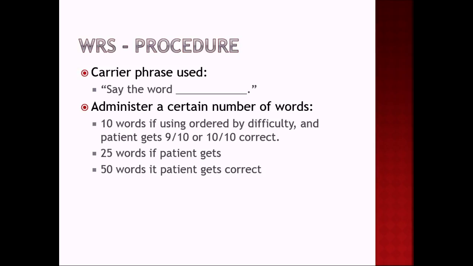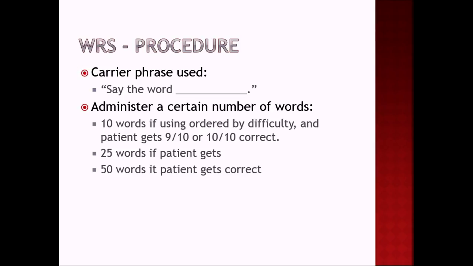With word recognition testing, there's typically a carrier phrase used. Say the word cat. You will say cat. Point to the cat. For SRT, there's typically no carrier phrase. It's just the 2-syllable word. An interesting thing about the carrier phrase when you're using monitored live voice, and this is something that goes back and forth too: there are 2 schools of thought in terms of monitored live voice and peaking the VU meter at 0.